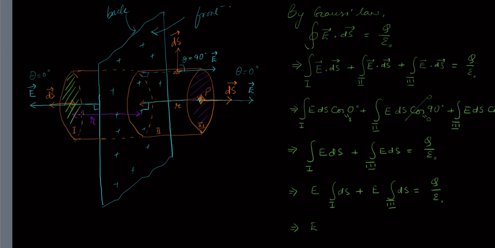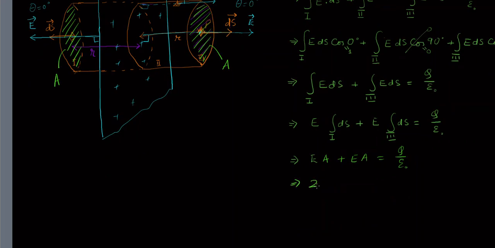So let the area of this face be A. So here how much are you getting? You will get A. Similarly this one, ds. If you take this and integrate, you will get this entire area. Isn't this area and this area the same? That also will be A. So here also I'm getting A, equal to Q by epsilon naught.